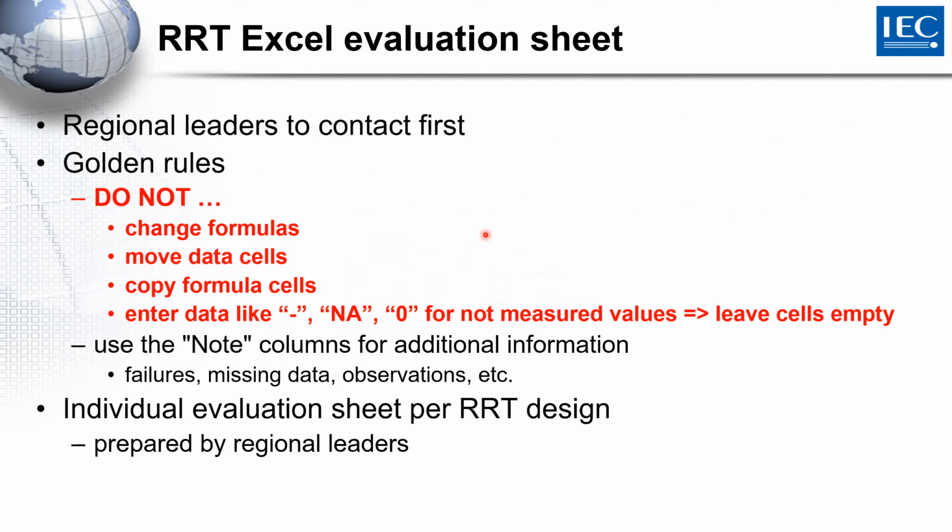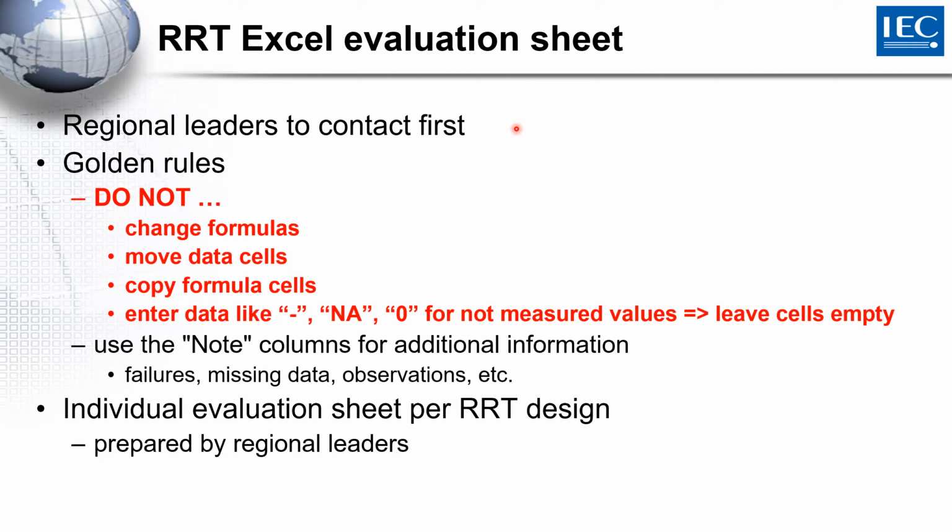The Excel evaluation sheet is pre-prepared by the regional leaders for your round robin test. So that means for every round robin test which we are running here, where we have the numbers 1, 2, 3, 5, 6, and so on, these are prepared by the regional leaders so that you don't have to fill in the test series parameters.